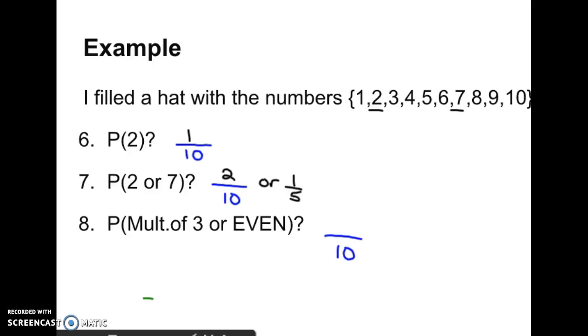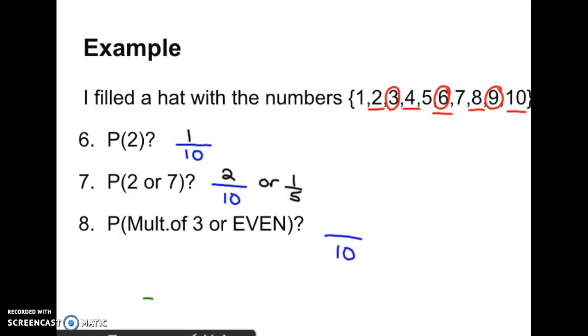Number 8, the probability of getting a multiple of 3 or an even number. This is where it's a little bit tricky, but let's do multiples of 3 first. So 3, 6, 9 are all multiples of 3, or an even number. So 2, 4, 6, 8, and 10 are all even numbers. Now notice how 6 up here, you can't count twice. That's why we used that formula before. You don't want to count 6 twice.